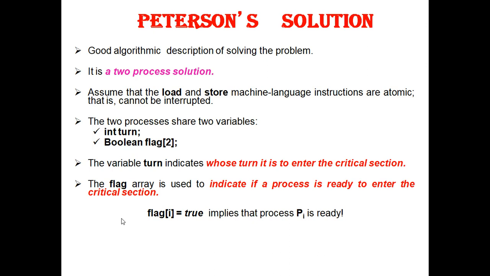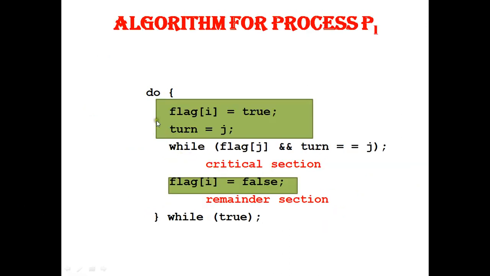Suppose turn equals i, then process Pi is allowed to execute in its critical section. The flag array is used to indicate if a process is ready to enter into its critical section. In order to enter the critical section, process Pi first sets the flag array to true.